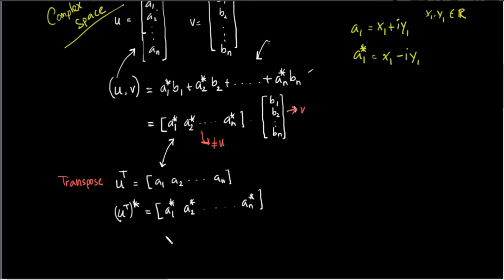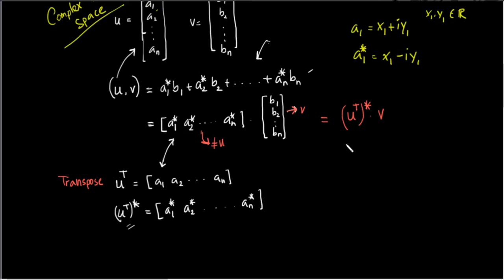Using this notation, we can write our inner product like the row vector, the row matrix, which will be U transpose conjugate, times V.